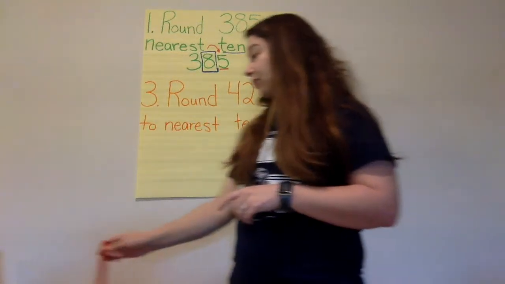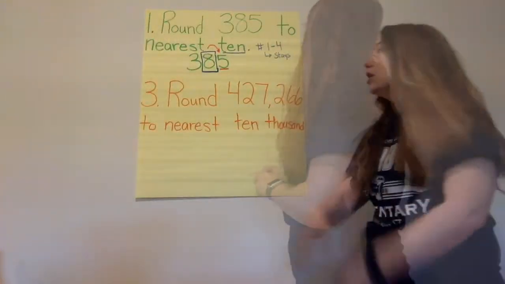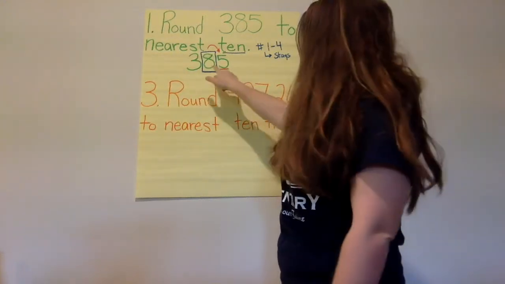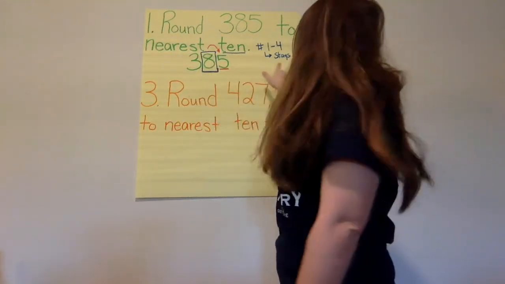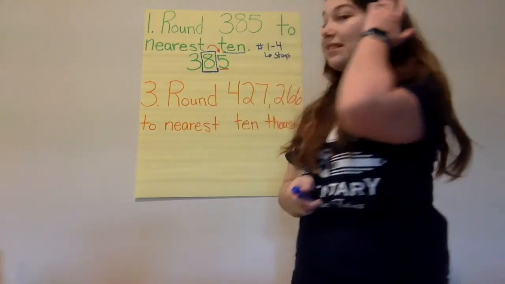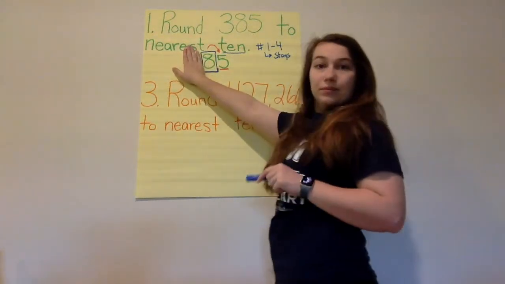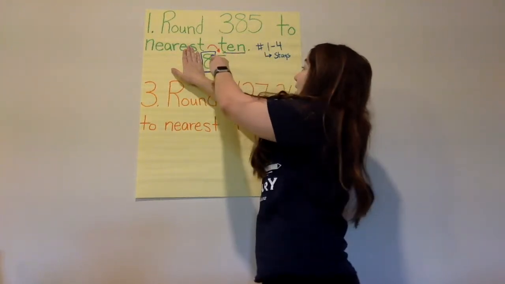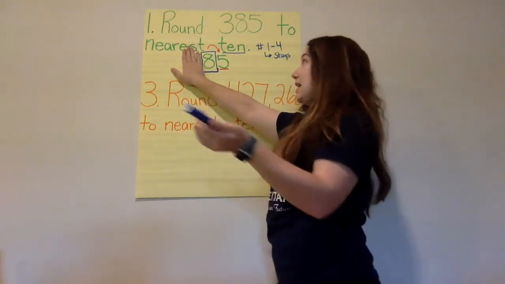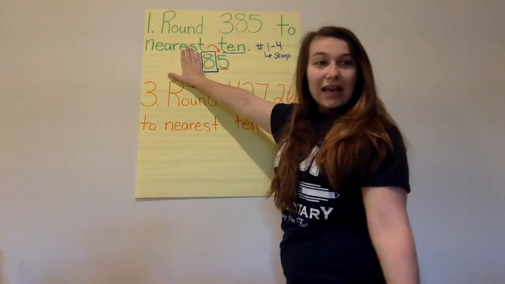All right, so a good way to remember this is, if we have numbers 1 through 4 in the spot next door, that means that the spot that we are rounding to is going to stay the same. That is because if we have the number 85, for example, 81 is closer to 80, right? 82 is closer to 80. 83 is closer to 80, all right?